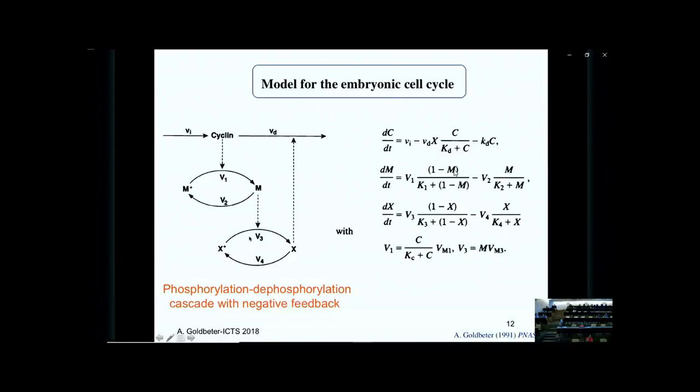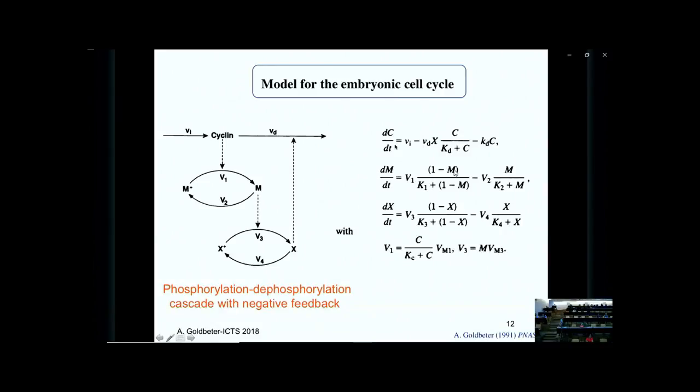V3 is the rate of phosphorylation of this protease, and V4 is a phosphatase which inactivates the protease. And what does the protease do? It degrades cyclin. No, it does not phosphorylate cyclin. It is phosphorylated, but it degrades cyclin as a protease does.